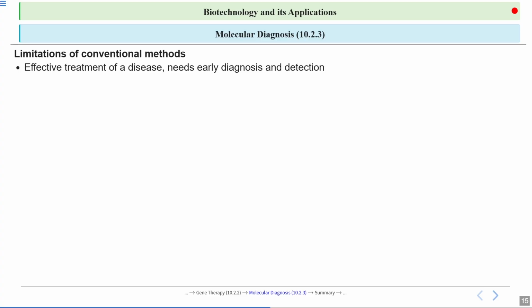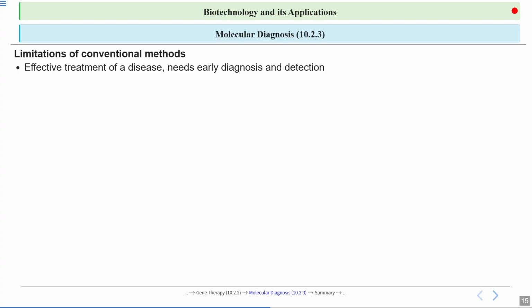The limitations are that effective treatment of a disease needs early diagnosis and detection. So, if you want to treat a disease effectively, if you want that person to be disease free, we have to identify and diagnose that disease very early. What happens in cancer patients?